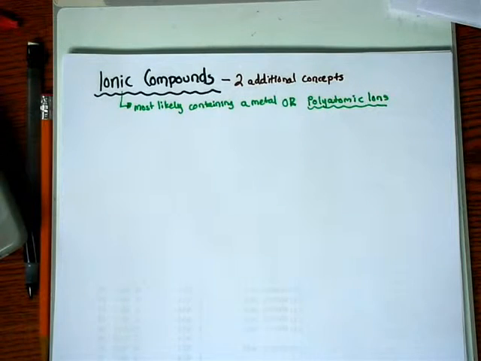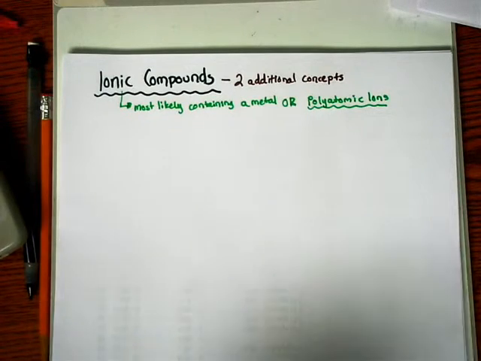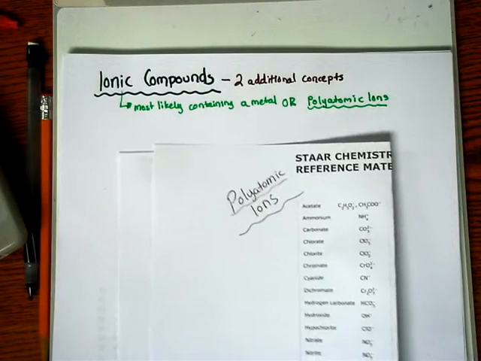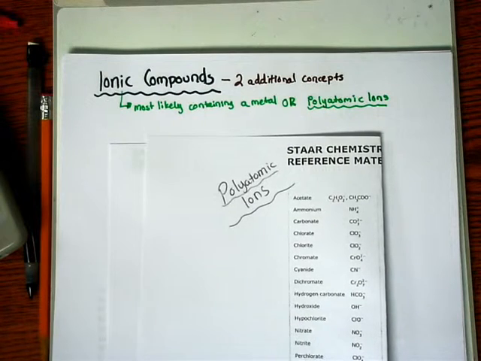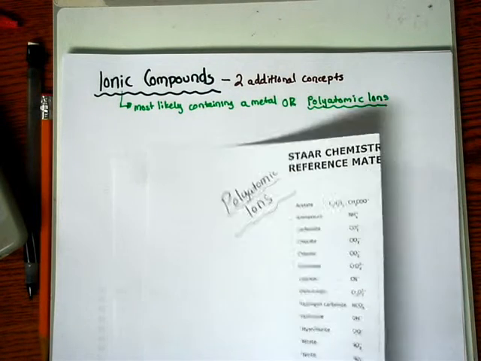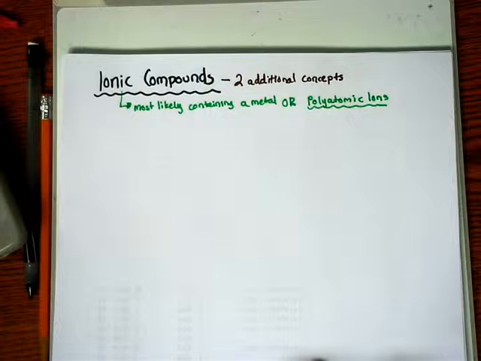And do you know what a polyatomic ion is? What you just wrote down. Those are all polyatomic ions. So if you see a metal, or if you see one of these, what type of compound do you have? Guaranteed an ionic compound. Good? We know the rules for ionic use crisscross. There's no problem with that.